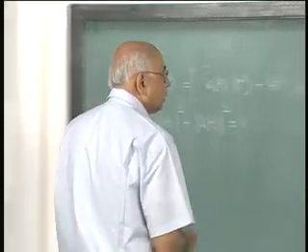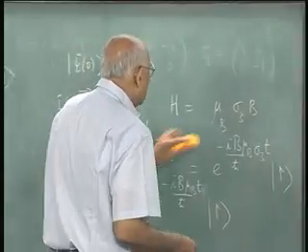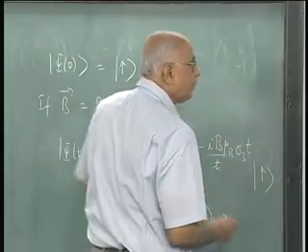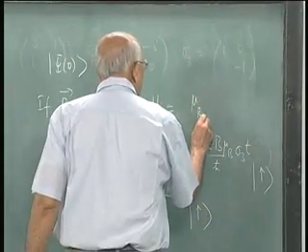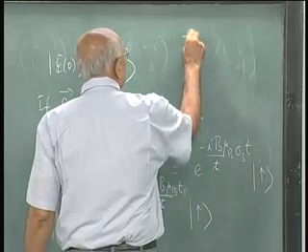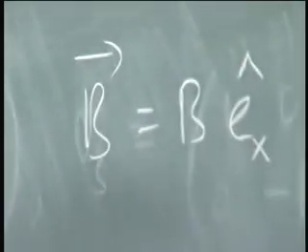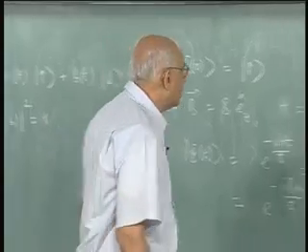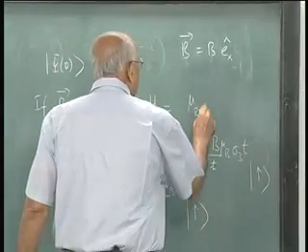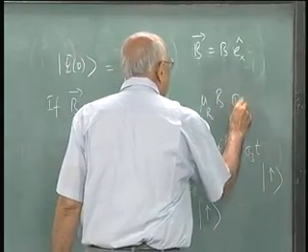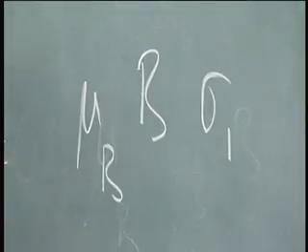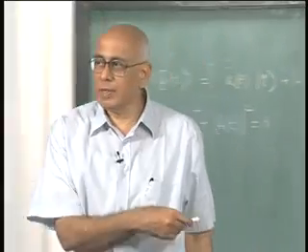Now let us see what happens. So this H is mu b, so the b I am going to apply is b times Ex in the x direction. So this is mu b times b sigma 1, it is the x direction, so the first Pauli matrix comes in.